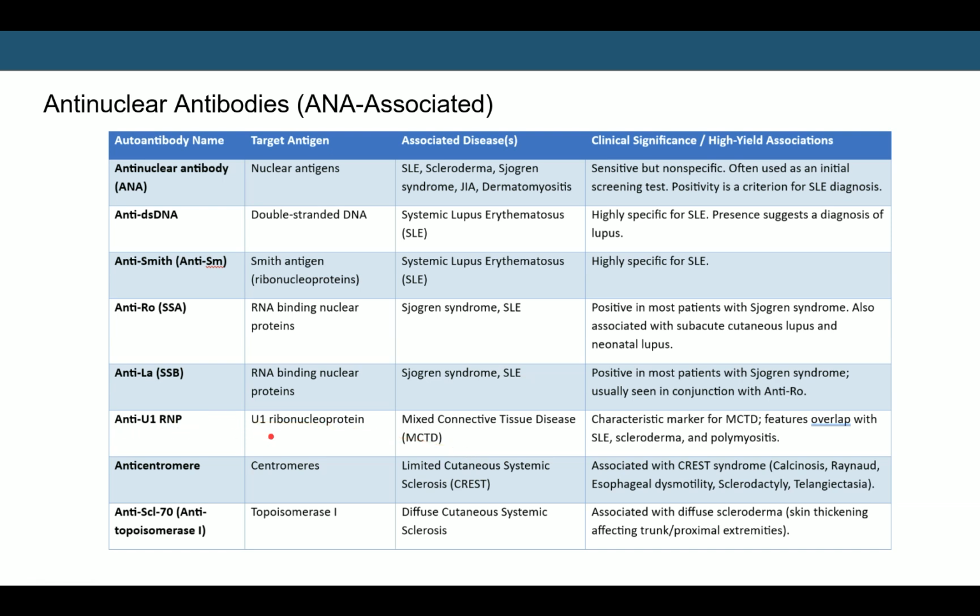Anti-U1 RNP, the target antigen is going to be U1 ribonucleoprotein. Mixed connective tissue disease is basically SLE and scleroderma and polymyositis. So basically, we're going to have lupus and polymyositis and scleroderma.